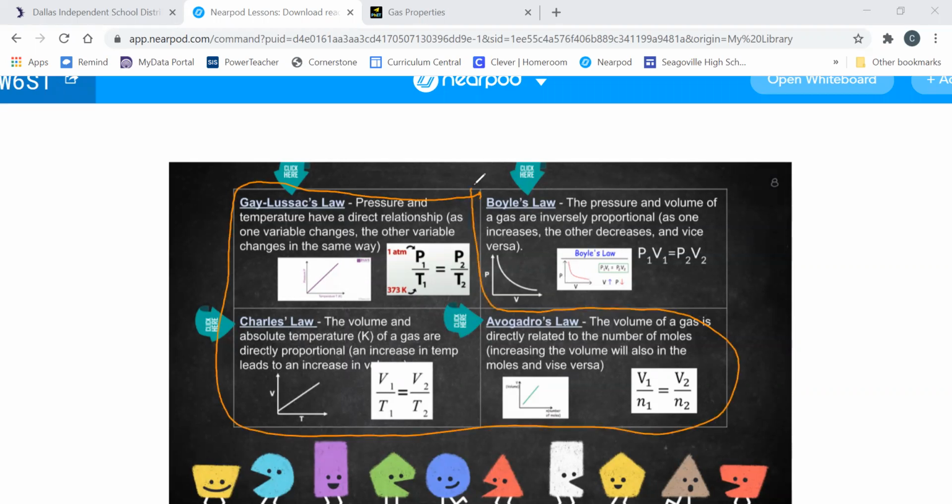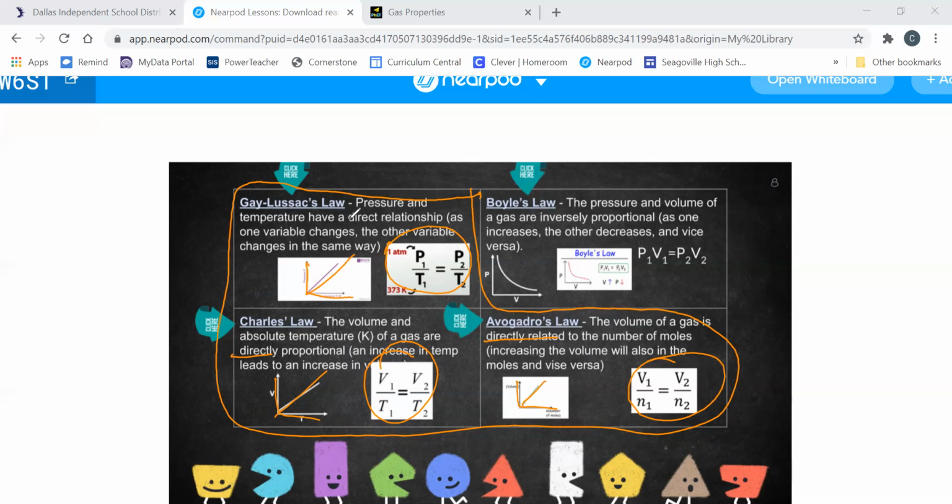So if you notice, these 3 laws have a straight line in a graph. And notice that they are also all fractions. So they very much look the same. And the reason why they're going in a straight line is because all of them are directly proportional to the variables in the equation.